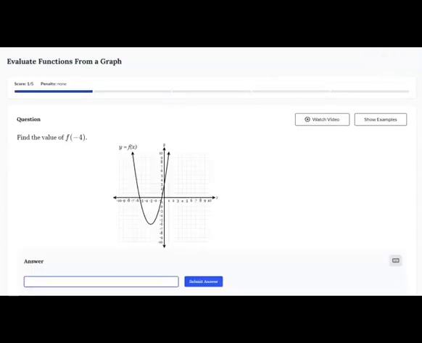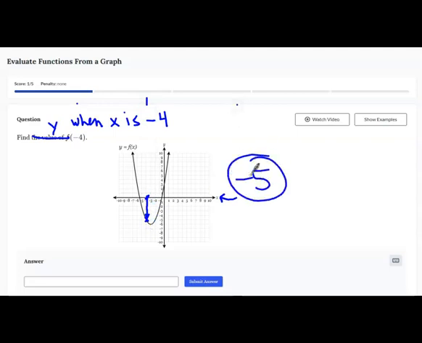Let's try it again. Again, the input is what we're trying to replace. So we want to find the y when the x is -4. Go to the x-axis, go over to -4, and this time we're going to move down till we hit the curve. Once we find that y coordinate, we're done.